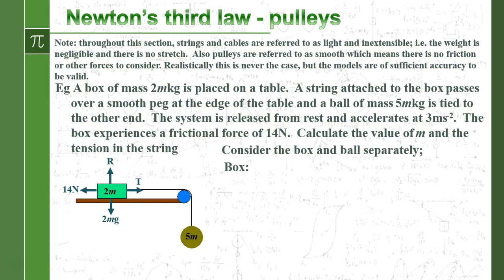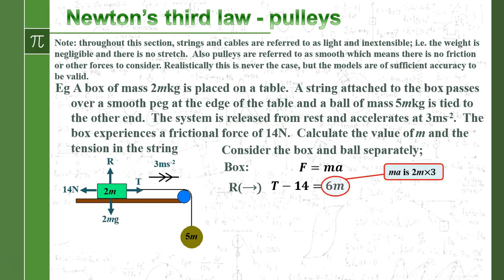So let's have a look at what our equation of motion, force equals mass times acceleration, is going to be with regard to that. It's going to accelerate at 3 meters per second squared in that direction. So force is mass times acceleration. In the horizontal direction, T minus 14 equals 6m. I've just put that note there, so that's mass times acceleration, the mass being 2m, the acceleration being 3, hence the 6m.